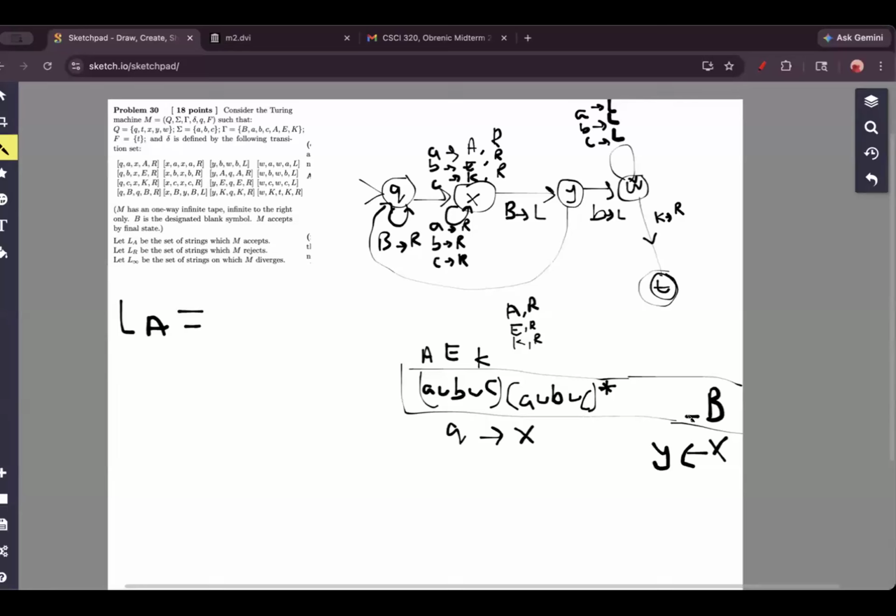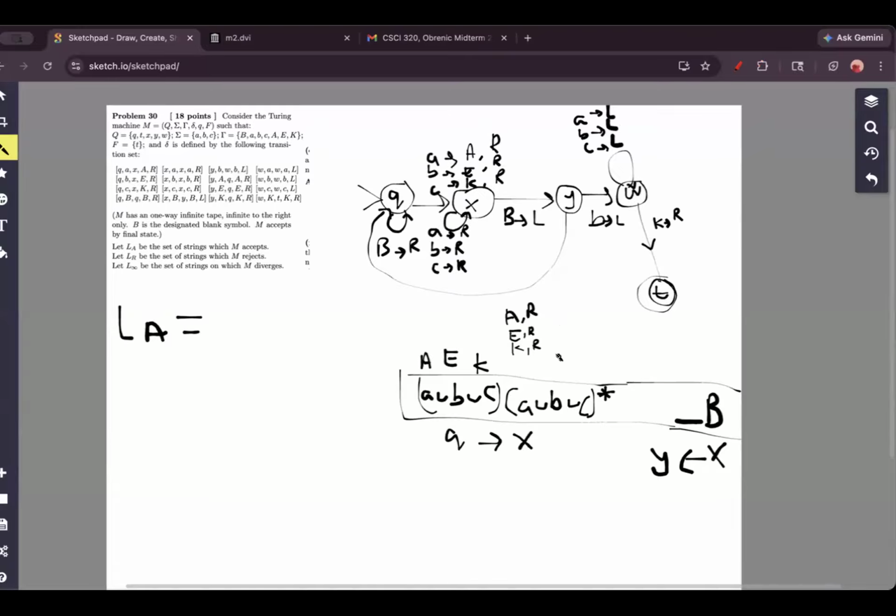Now I'm looking to the leftmost side right next to B. In state Y, I see uppercase A, B, and C's right here. Then I could loop back to Q, and it's a whole loop. Or how do I change my state by seeing a blank?